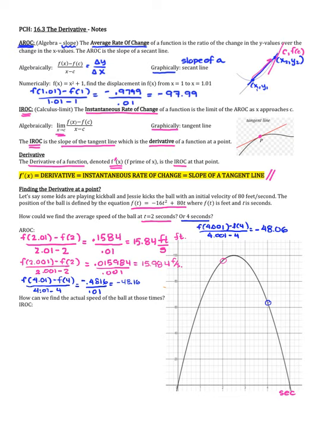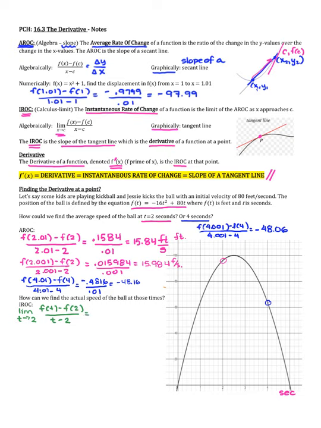What we want to do is find the actual instantaneous rate of change. We want to know what is the speed exactly when time is at 2 seconds. What is the speed of the ball? So what we do is we're going to take the limit as t approaches 2 of f of t minus f of 2 over t minus 2.